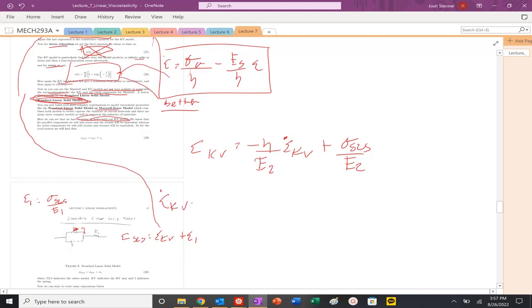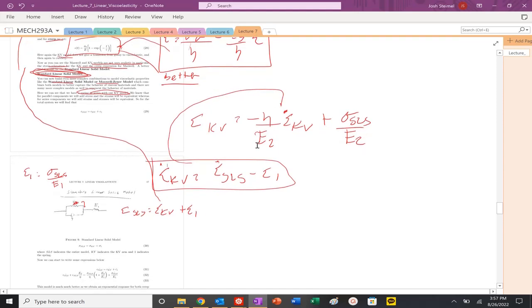We've got epsilon KV, and we could rearrange our original expression for strain as well, because we're going to have to get rid of that epsilon KV at some point and write it in terms of SLS.